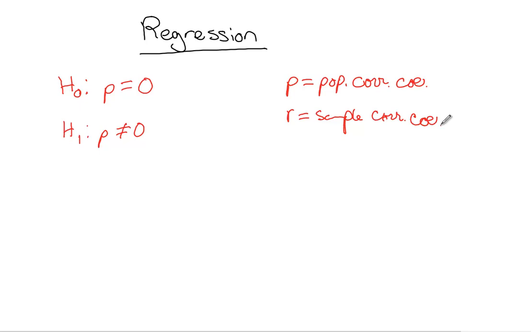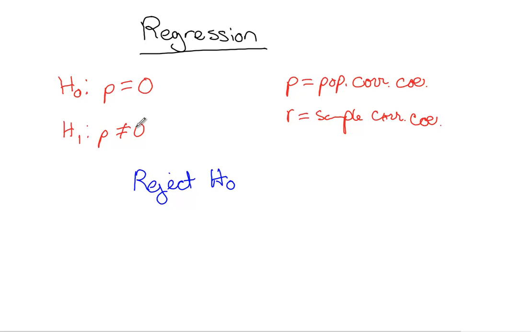In order to know that there is a significance to the correlation coefficient, we want to make sure that we have rejected our null hypothesis, meaning that there is a difference between rho and 0.